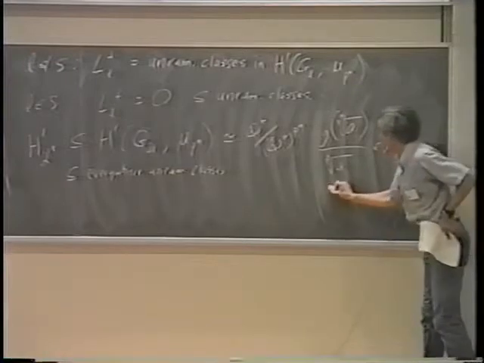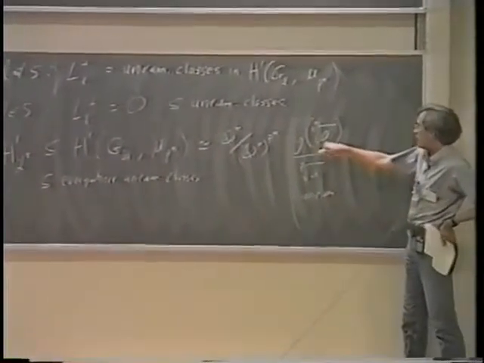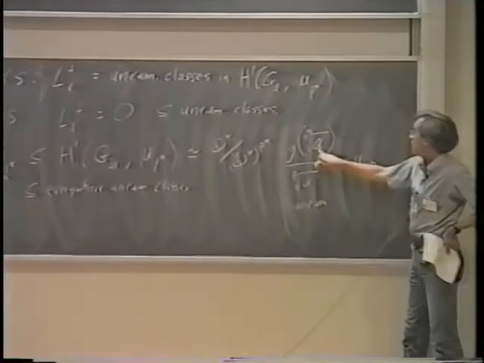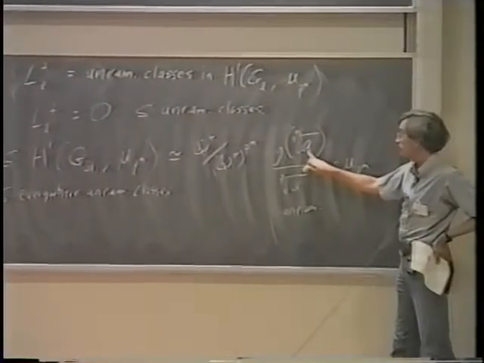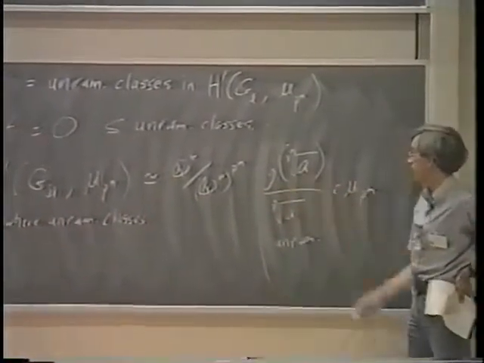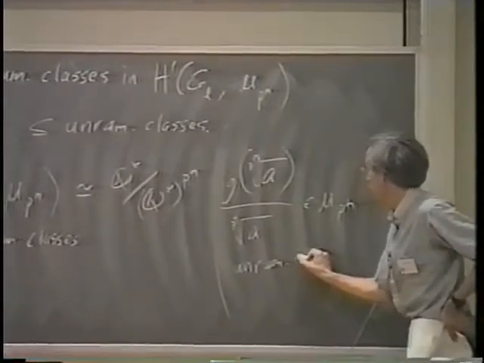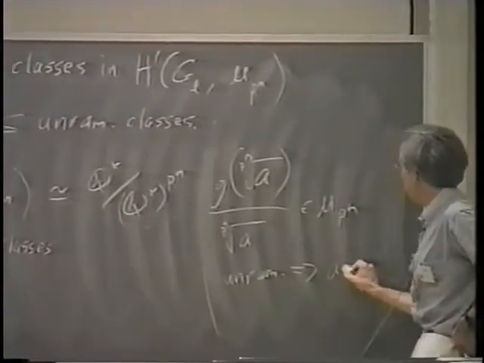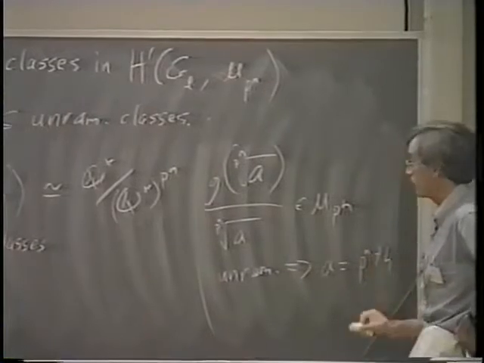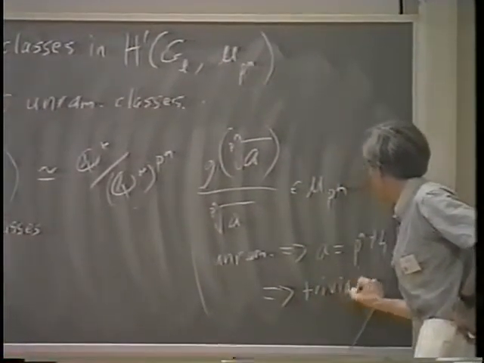The fact it is unramified, well, you can easily see that if A has, let's say, a 2 in it to the first power, then obviously this cocycle will be ramified at 2. So unramified everywhere implies A is a p to the nth power, which implies it's a trivial cocycle.